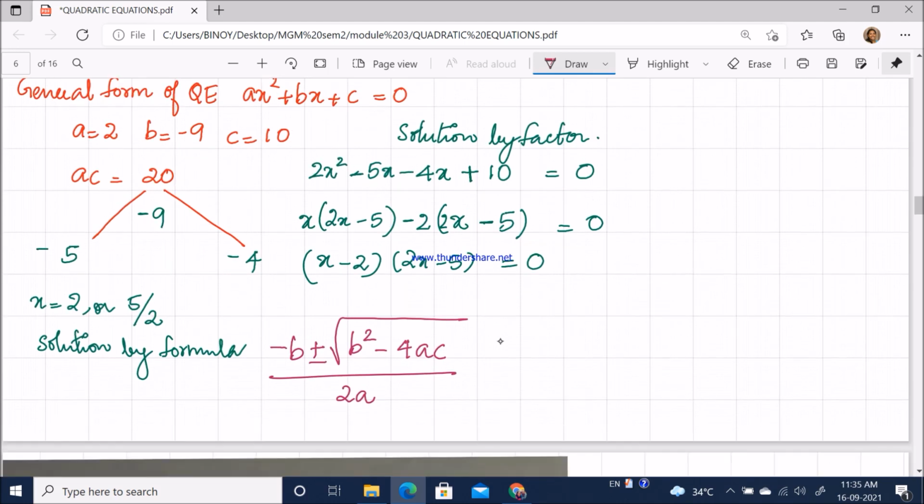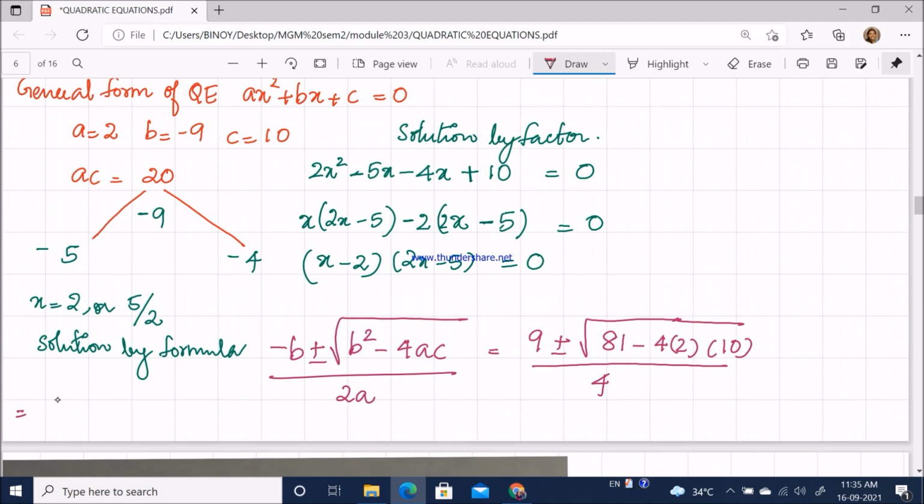So substituting in this particular equation, that is 9 plus or minus root of 9 square, that is 81, minus 4 into a is 2, c is 10, by 4.